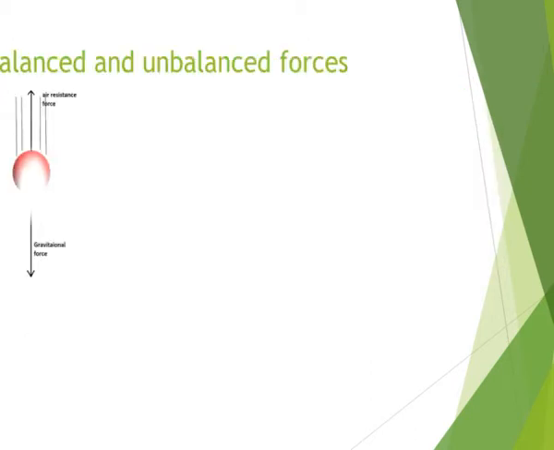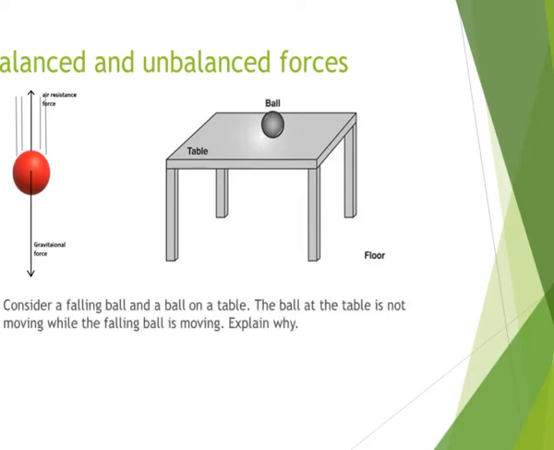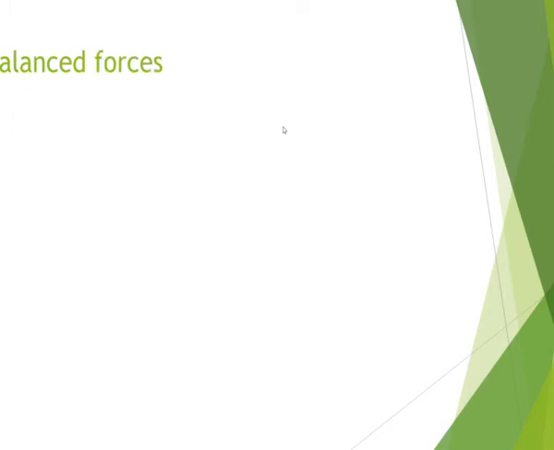So we have two cases, a ball falling down and a ball on the top of the table. Consider a falling ball and a ball on a table. The ball on the table is not moving while the falling ball is moving. Explain why. I want to explain why this ball is at rest.